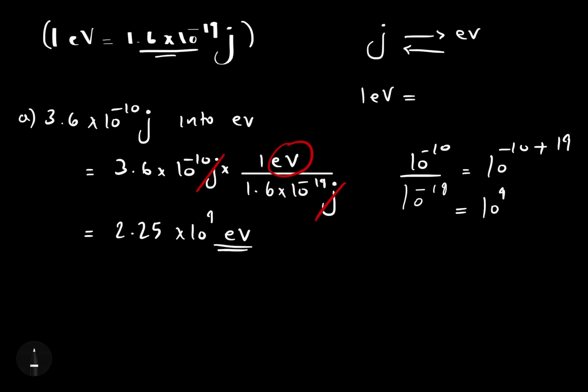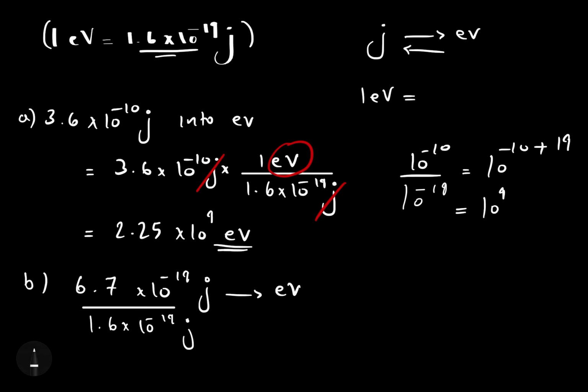Let's try another number, B. Let's convert 6.7 times 10 to the power of negative 19 joules into electron volts. Again, same process. You have to divide this by 1.6 times 10 to the power of negative 19 joules. Just so that the joules can cancel out, the new unit is going to be in electron volts. 6.7 divided by 1.6 gives us 4.187 electron volts.